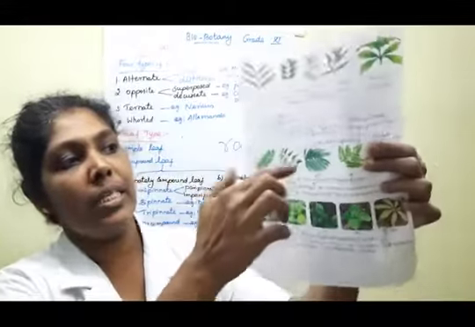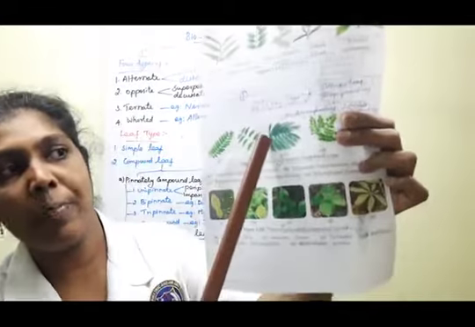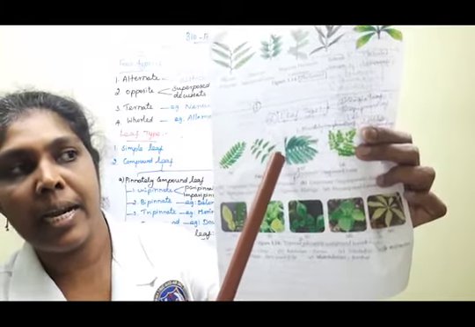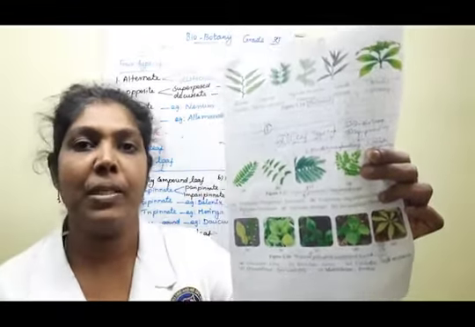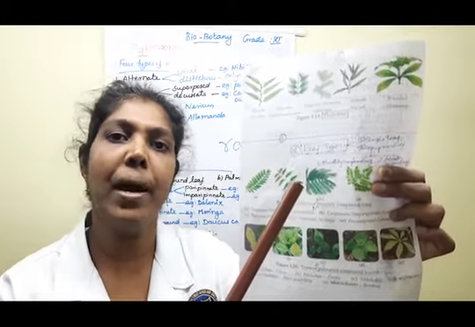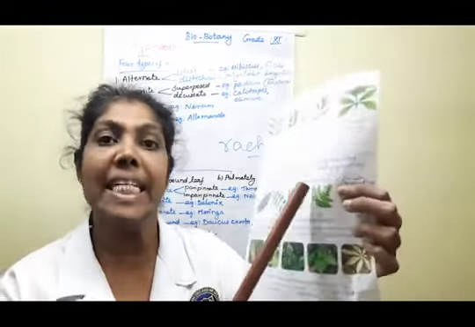This is the second one. The primary rachis is there, and again the secondary rachis arises. Only on the secondary rachis are small leaflets present. Clear, children? This is known as bipinnate.